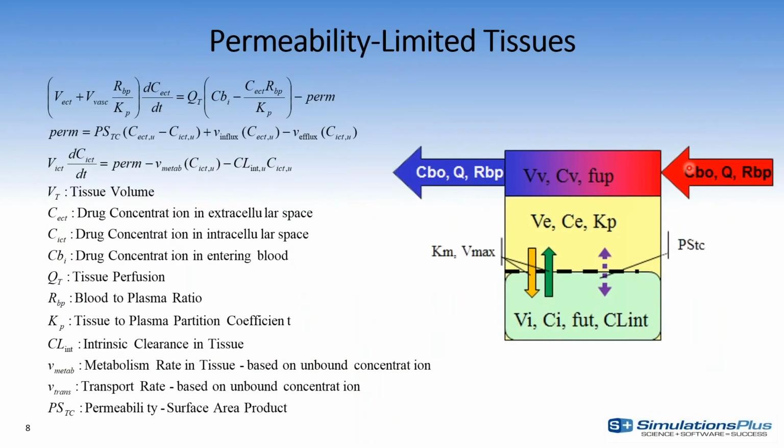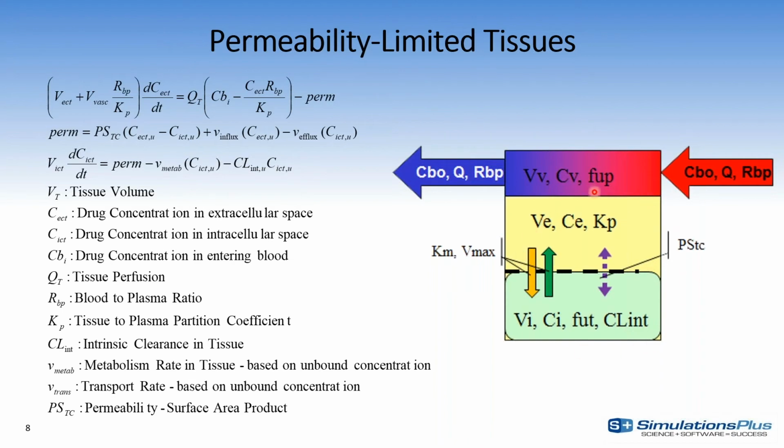Next up, if you have a more hydrophilic compound with a larger molecular weight, then the rate-limiting step is not the blood perfusion rate. It's actually the passive diffusion through the tissue.